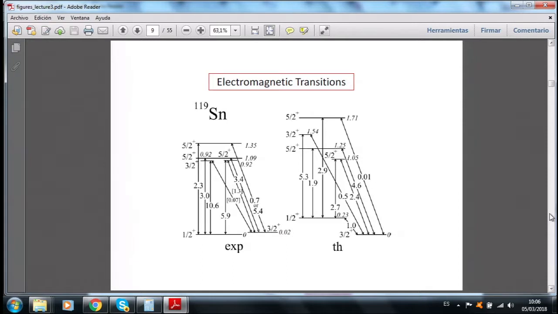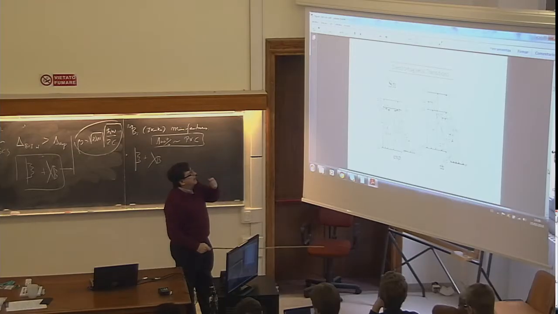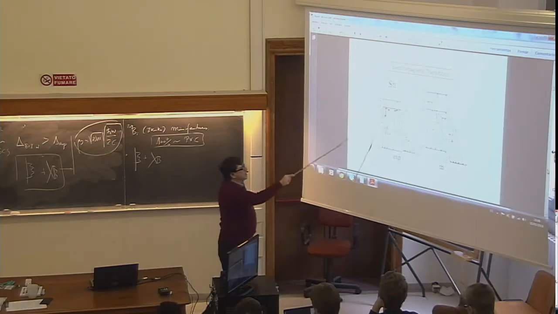But due to the mixing of the neutron with the phonon, and the phonon is the core vibration and includes also protons, there is some proton amplitude in each of the quasi-particles. And this mixing gives rise to the possibility of a quadrupole transition among them.